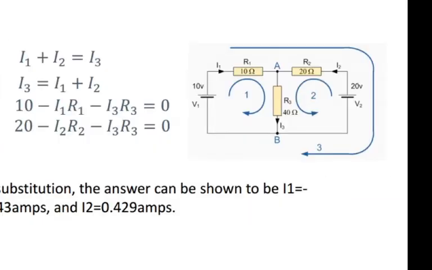Which apparently they didn't even ask us for, but it is important to know, right? So that current down the middle is 0.286.